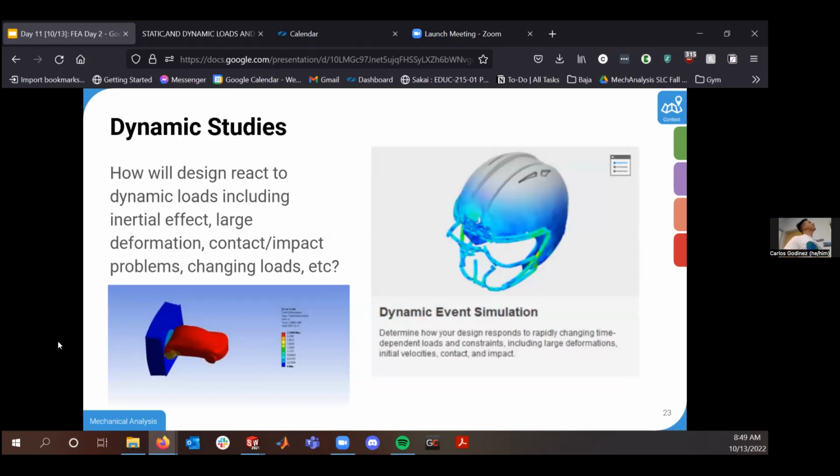Dynamic studies. The key thing right here is you want to think about time steps. The classic example Fusion gives on the right is a football helmet that's receiving a sudden impact. On the bottom left, we have a really crunchy image of a car running into a wall in ANSYS.